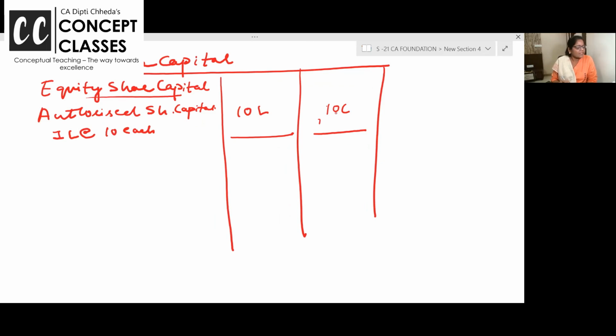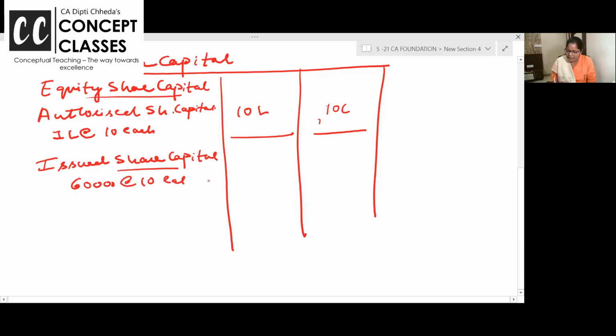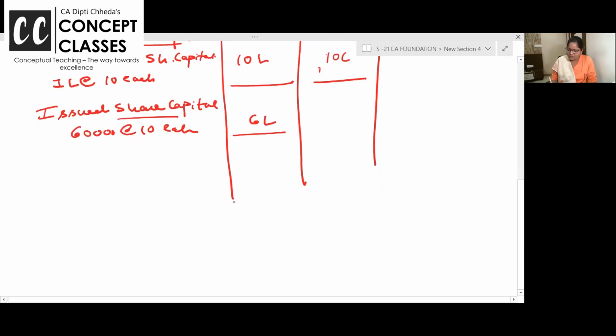Out of 1 lakh shares, how many shares have you issued? Issued share capital: 60,000 shares at the rate of 10 each, 6 lakhs is issued.